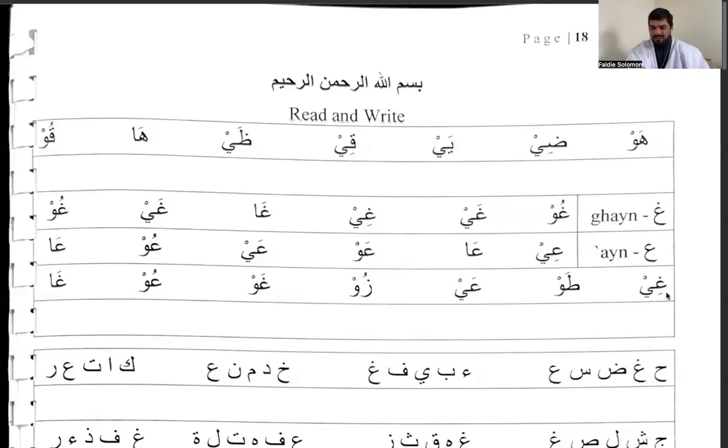Now I have another practice line here. Ghi, طو, عي, زو, غو, عو, غا. I hope I'm not going too quickly through this. Like I said, in my mind, I'm imagining you pausing and playing it as much as you possibly want for the practice.